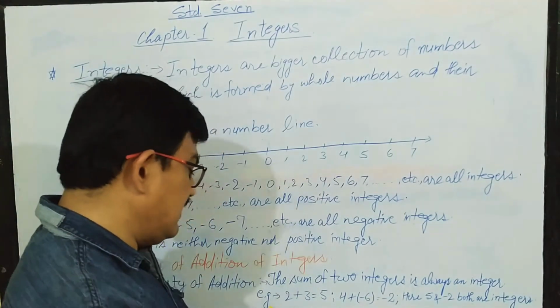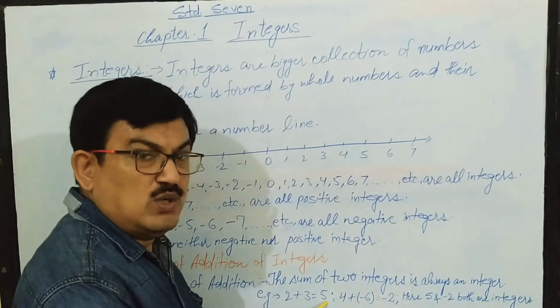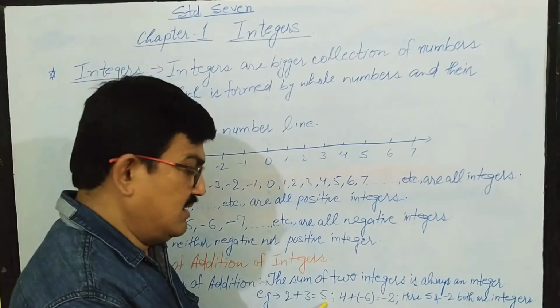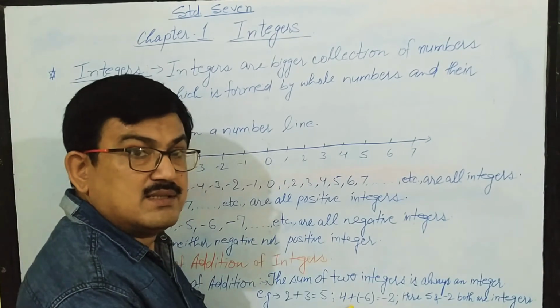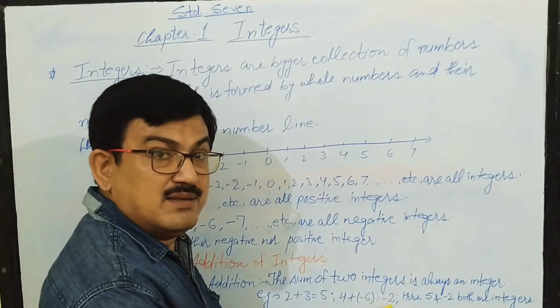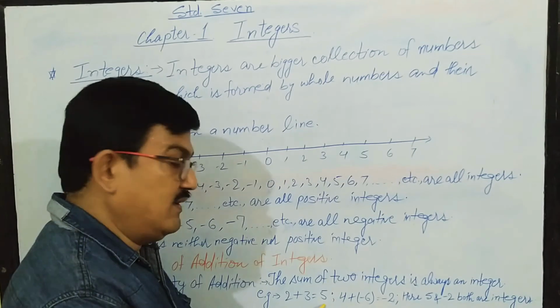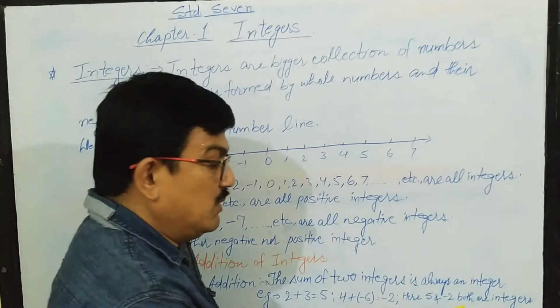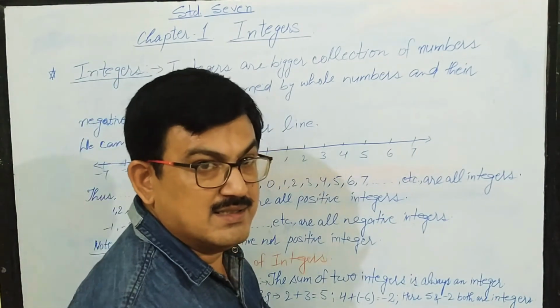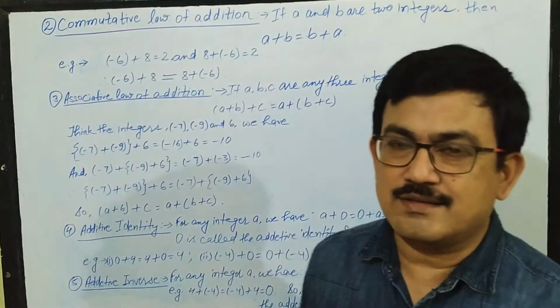You can understand it with the help of an example. 2 plus 3 is equal to 5. 4 plus -6 is equal to 4 minus 6, that is -2. Here this answer 5 and this -2, both are integers.